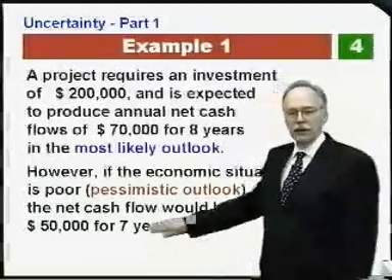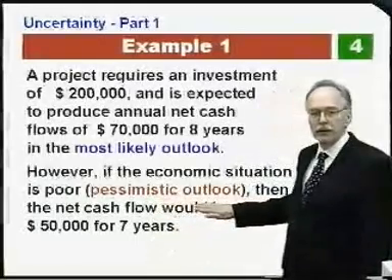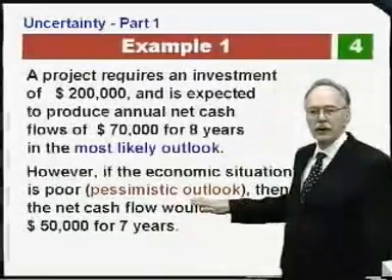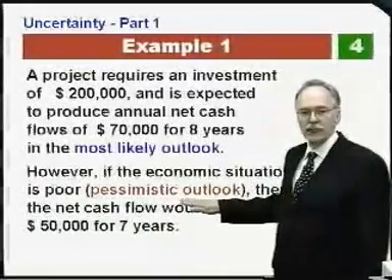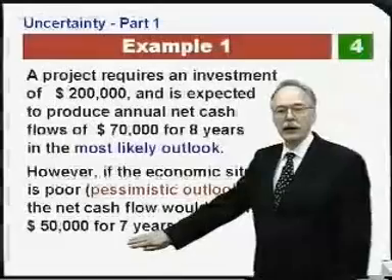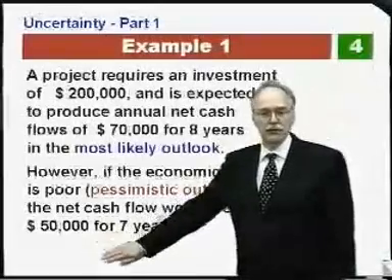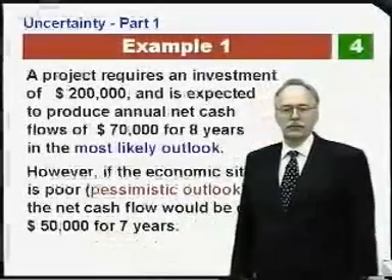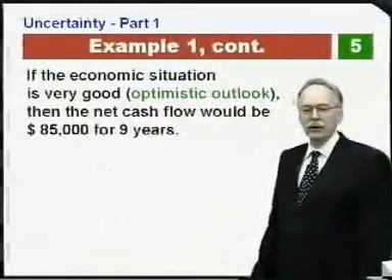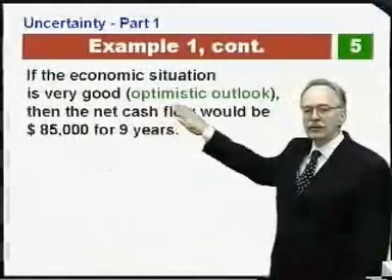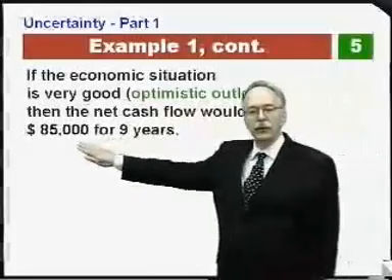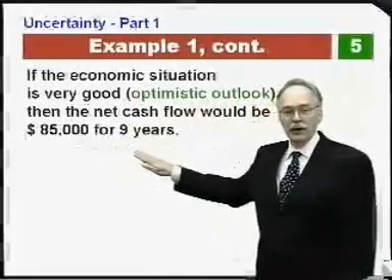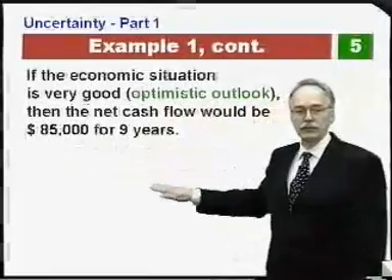On the other hand, if the economic situation is poor, then we would have a pessimistic outlook, and perhaps the lifetime would drop from 8 to 7 years, and the annual inflow would only be $50,000. We might have a very good economy, and then we could have an optimistic outlook. Inflow would be $85,000 for a longer lifetime, specifically 9 years.